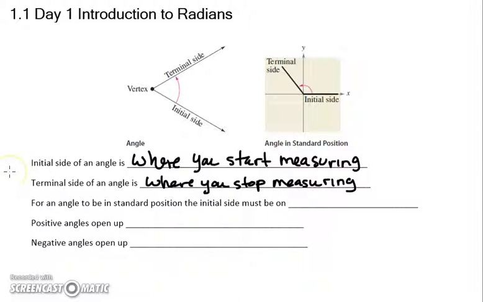We're going to be doing a lot with coordinate geometry, angles on the coordinate plane, so we usually want to have these things in standard position. So here's an angle in standard position here, and our definition would be, a standard position would be initial side must be on the positive x-axis.